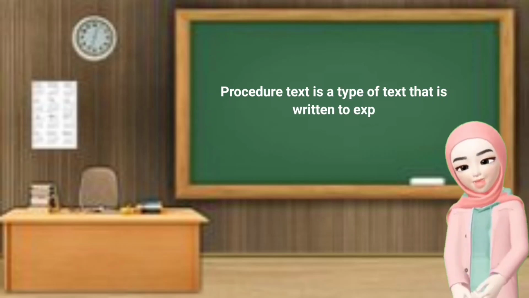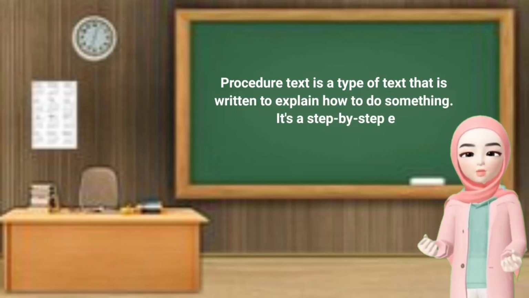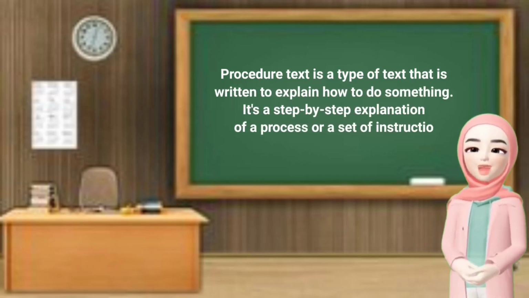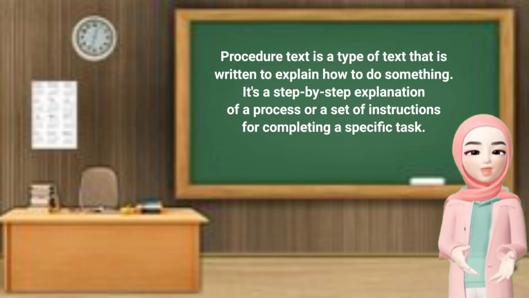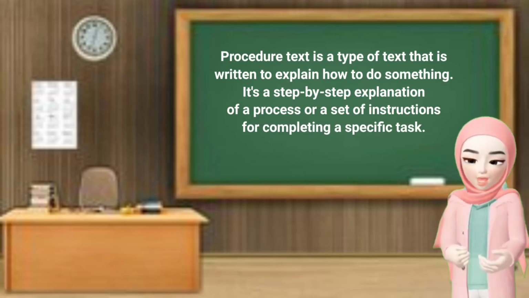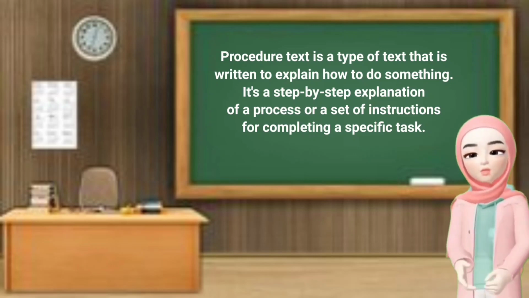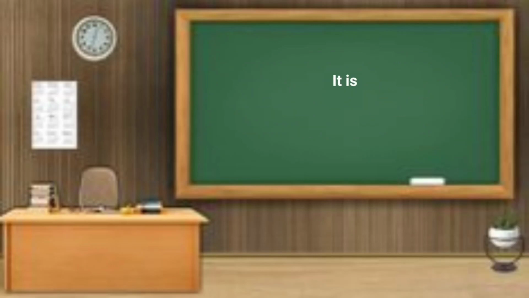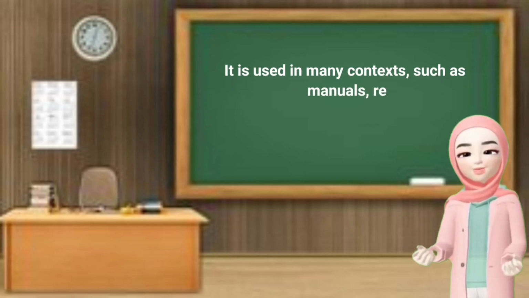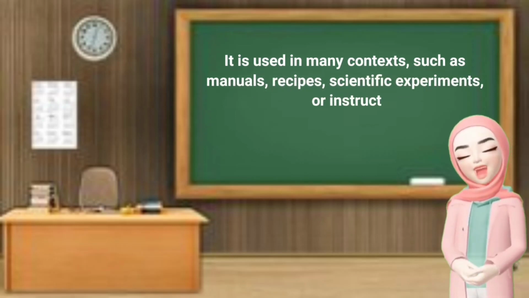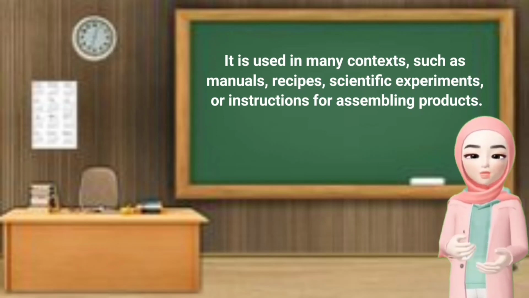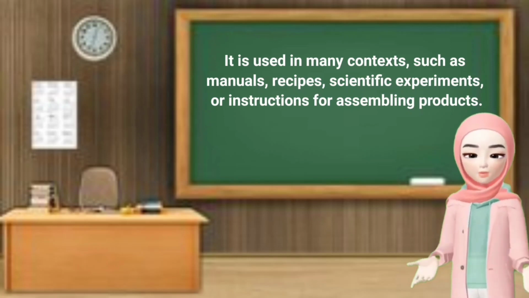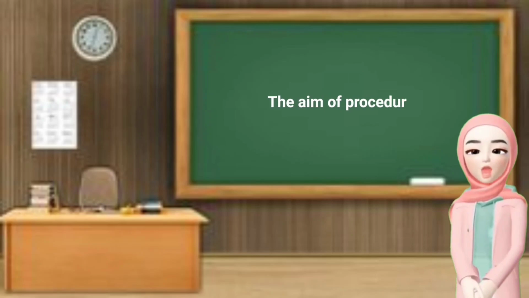Procedure text is a type of text that is written to explain how to do something. It is a step-by-step explanation of a process or a set of instructions for completing a specific task. It is used in many contexts, such as manuals, recipes, scientific experiments, or instructions for assembling products.